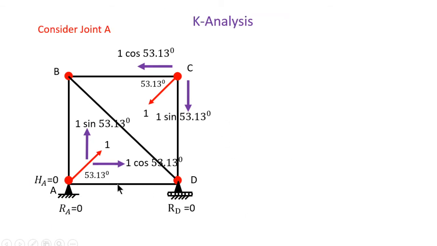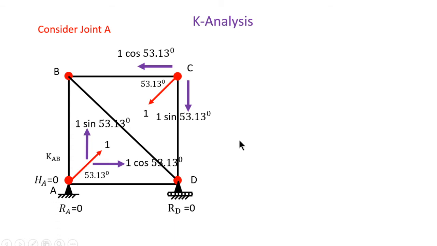Then we are finding the member forces one by one considering the joint. So here this is the resolution of the unit force: vertically 1 sine 53.13 and horizontally 1 cos 53.13 at joint A, and also at joint C. Here the horizontal force is 1 cos 53.13 and the vertical is the downward force 1 sine 53.13.